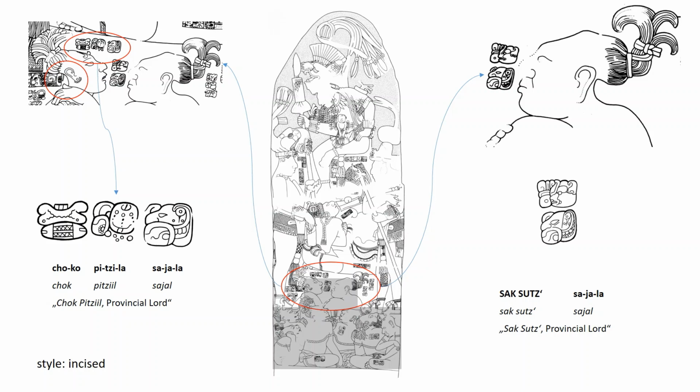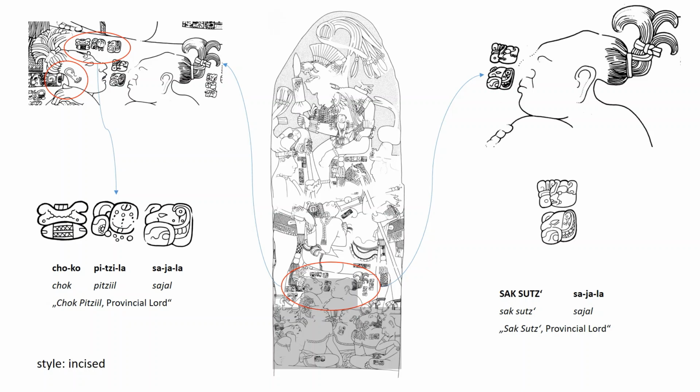Saksutz is White Bat. It's a provincial lord. Here, his names, and you see here, their name glyphs are in front of the face. They're written on the front of the face and not on the body. And in the hierarchy, we are still above the group of people here.